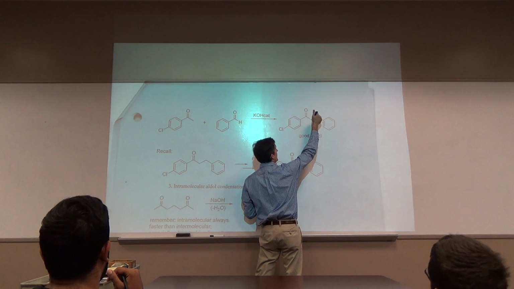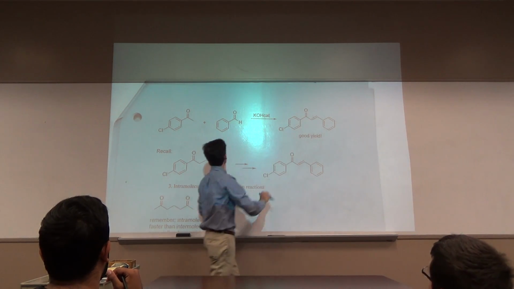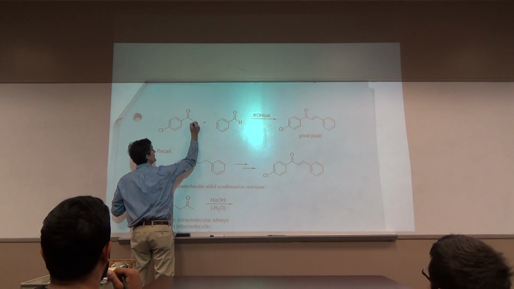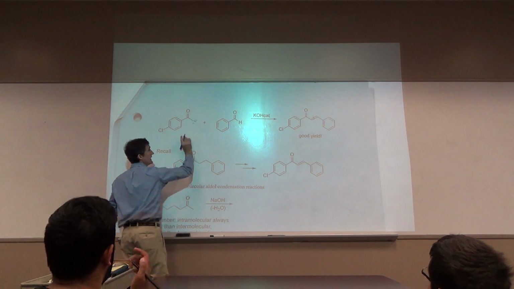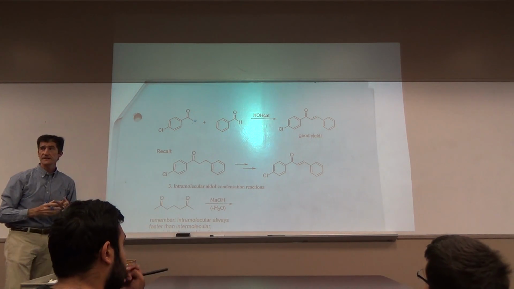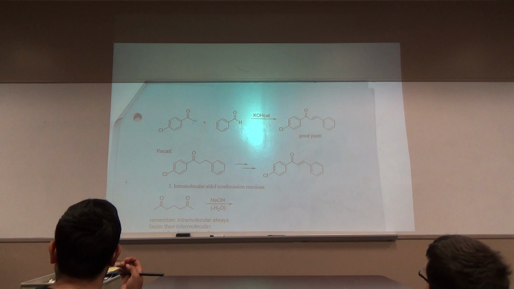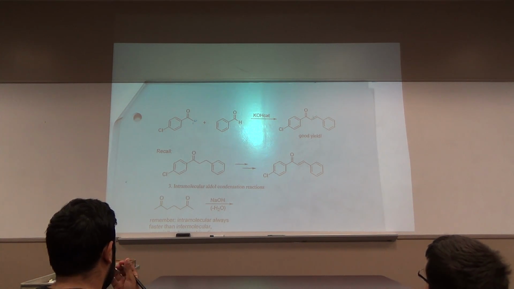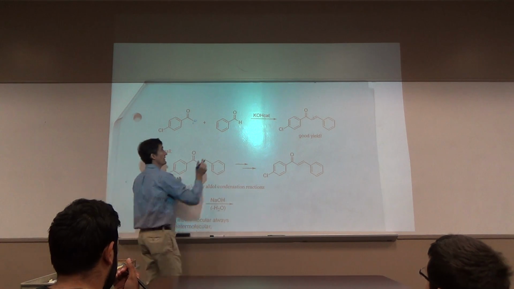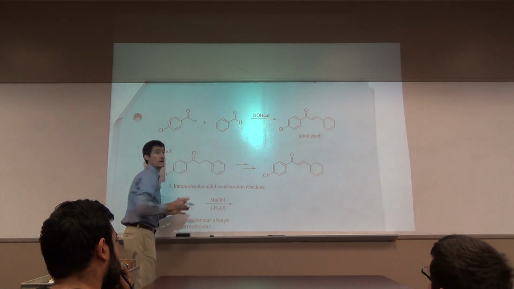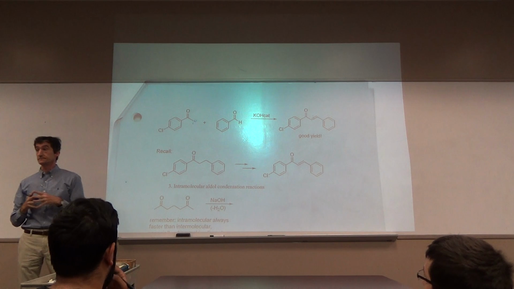Alpha beta unsaturated carbonyl. Enolate carbon next to carbonyl, here, right? Get this anion formed. Are you going to make enolate with the other one? The other one doesn't have an acidic H. Aldehyde H's aren't acidic. There's no H here. So that's the only place you can make enolate.